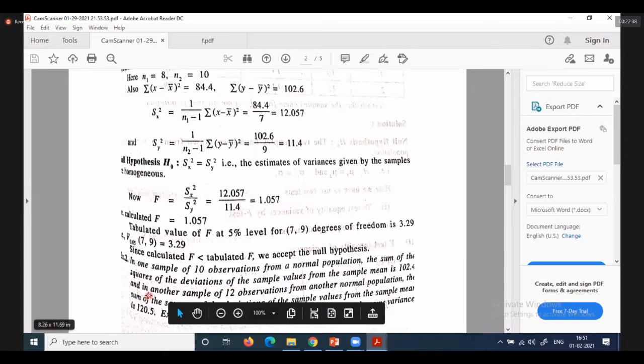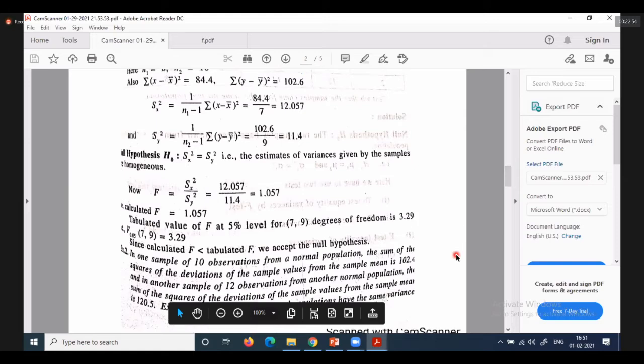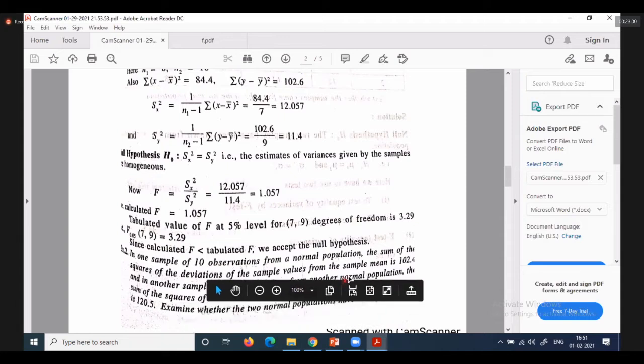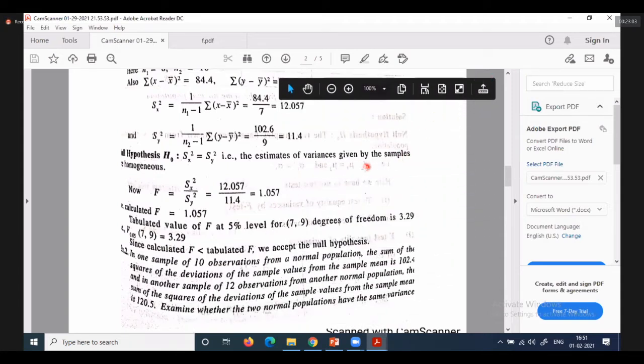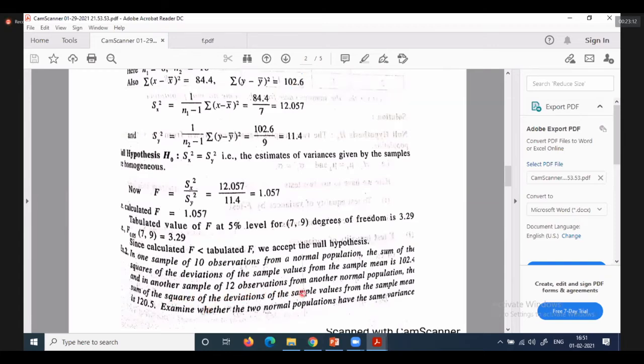In another sample of 12 observations from another normal population, the sum of squares of the deviations of sample values from the sample mean is 120.5.